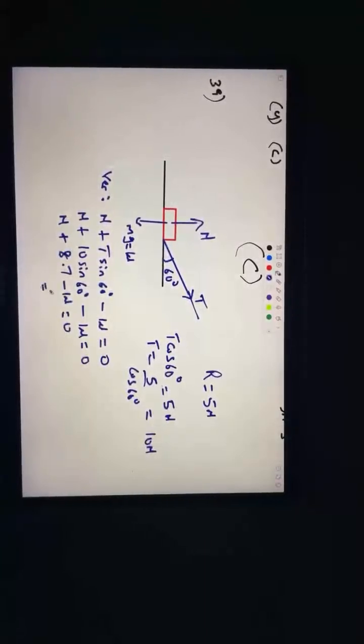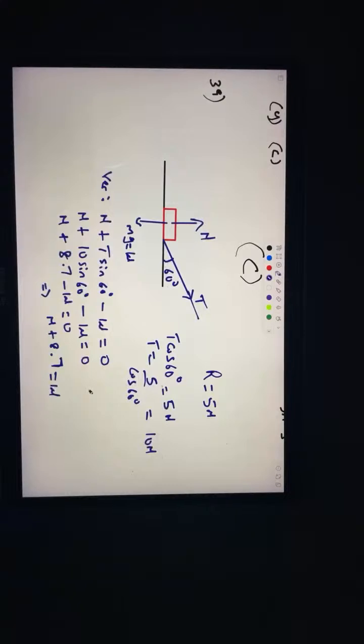That implies N plus 8.7 equals W, so our W equals N plus 8.7. Now we might be tempted to squeeze everything inside and just say that it is 8.7.